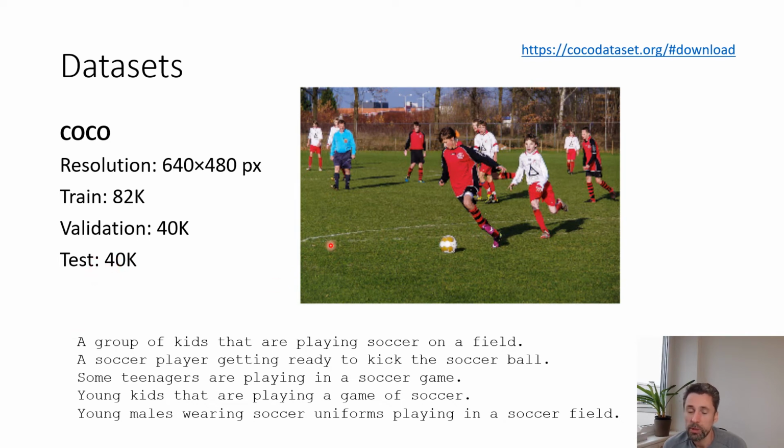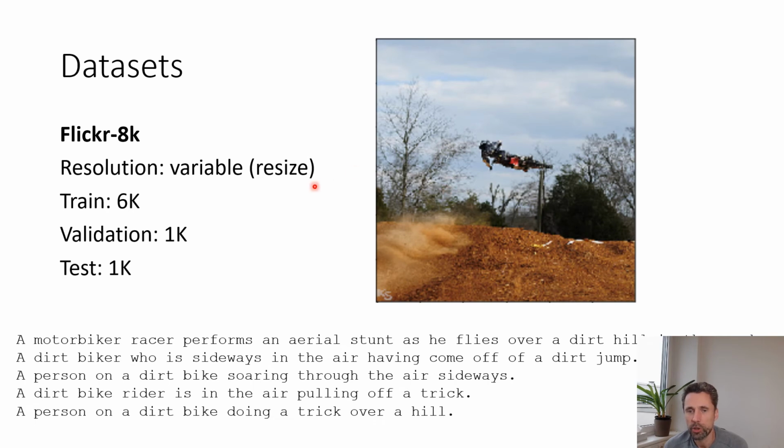Each of these images comes with a human-written sentence, and that's it. Then you have a smaller data set called Flickr8K. It comes with 8,000 images of variable size, so you have to resize them to feed into your ConvNet. And again, it comes with 5 sentences that describe your input.